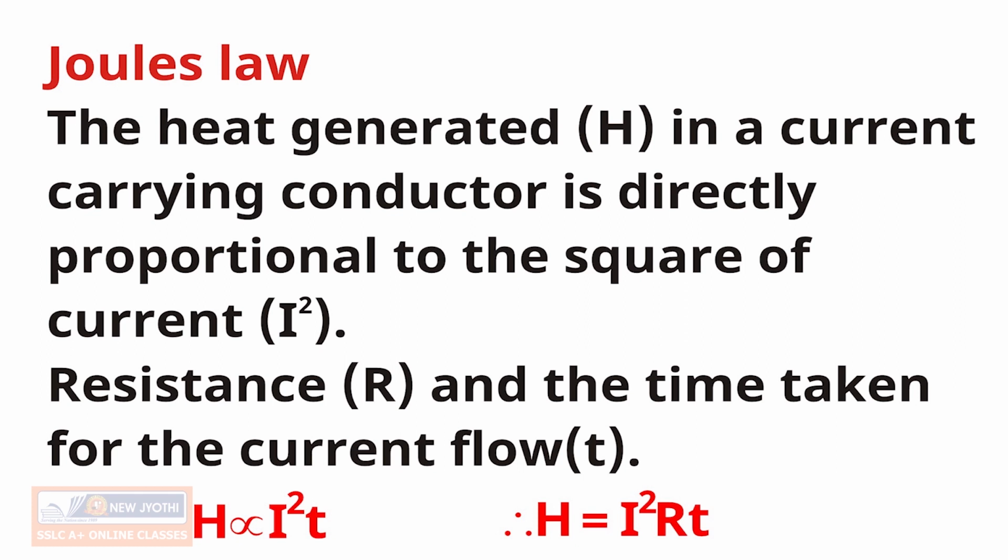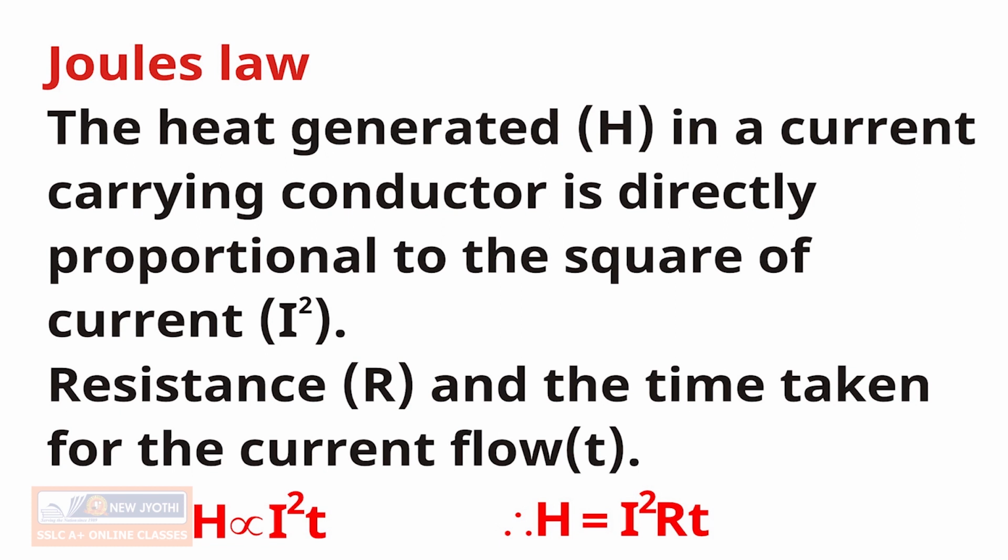Using this, Joule introduced a law which is named Joule's law, which says that the heat generated in a conductor passing a current through it is proportional to the square of the current, resistance, and the time of flow of current through it, in which H is equal to I squared RT.